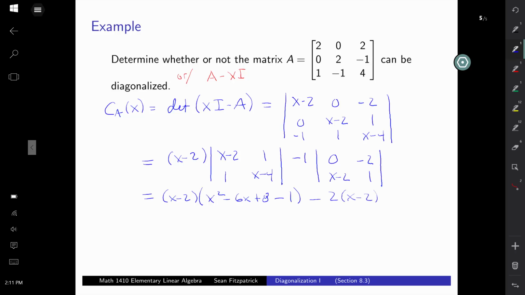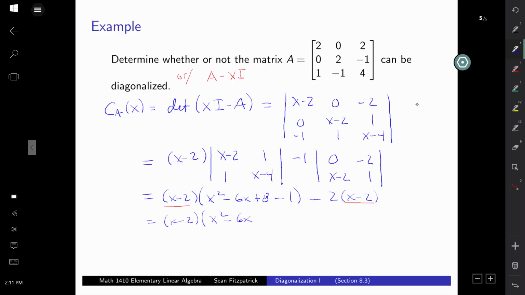And you might be tempted to expand everything, collect terms, and then see if you can factor, but notice you've got a common factor, x minus 2, in both, okay? If you can do this sort of group factoring, you're much better off. So we pull out the common factor, x minus 2, leaves me with x squared minus 6x.